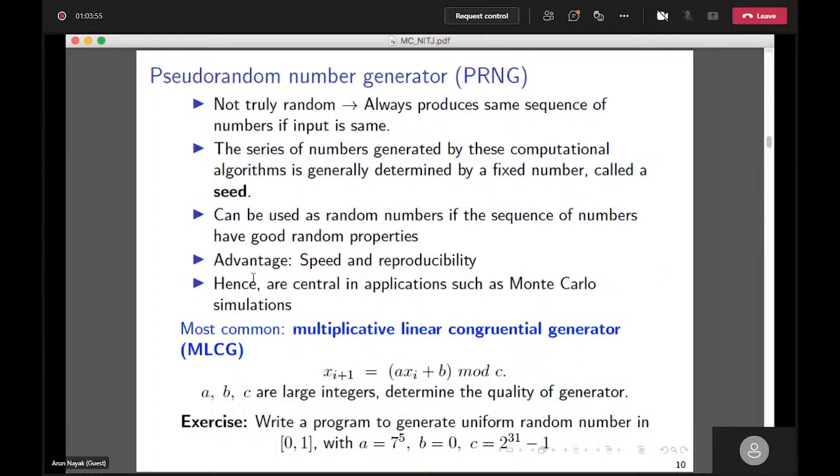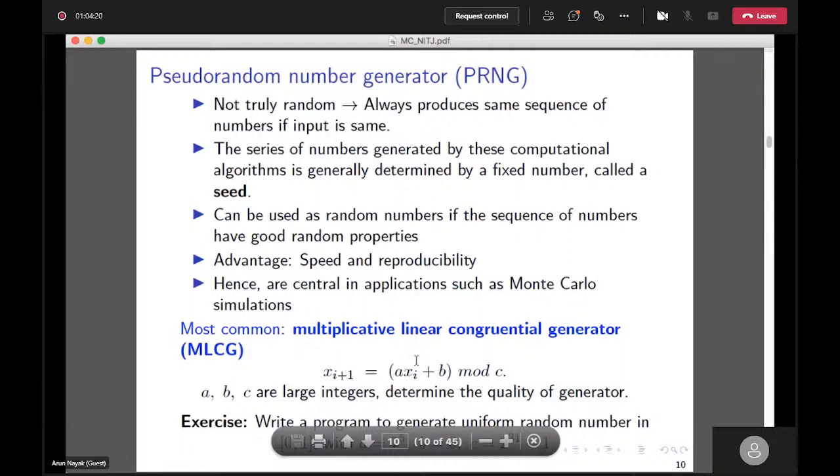So that's why these pseudo random number generators are central in applications such as Monte Carlo simulations. All the Monte Carlo simulations that you normally do using a computer just use pseudo random number generators. The most common is the multiplicative linear congruential generator, which typically looks like this.